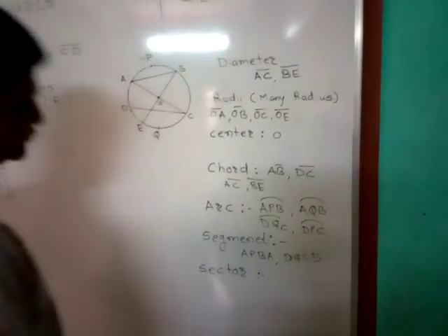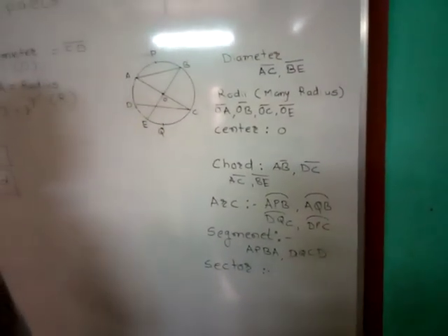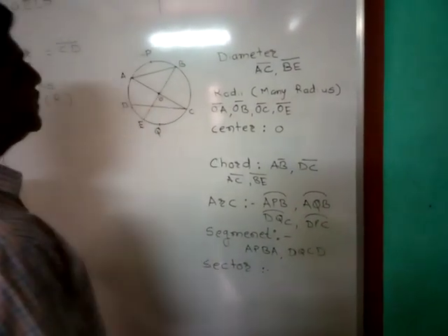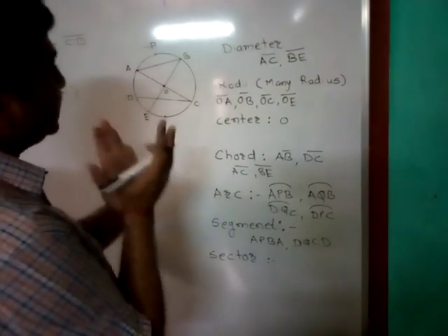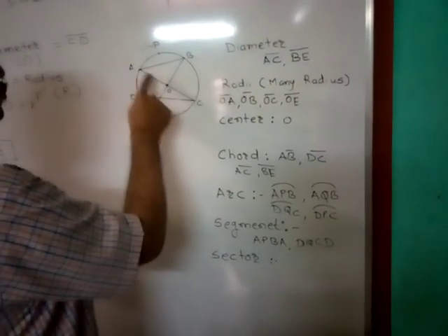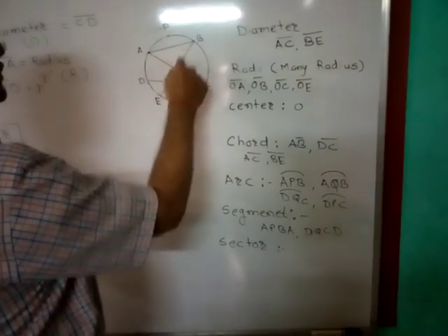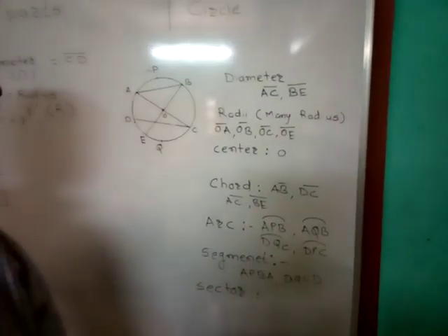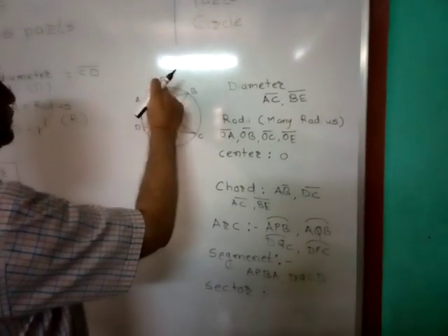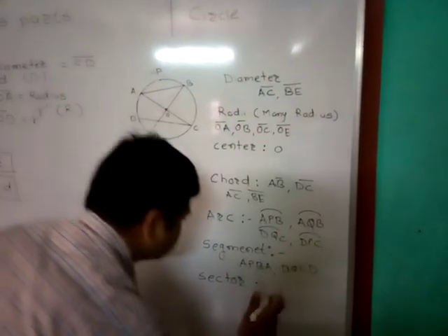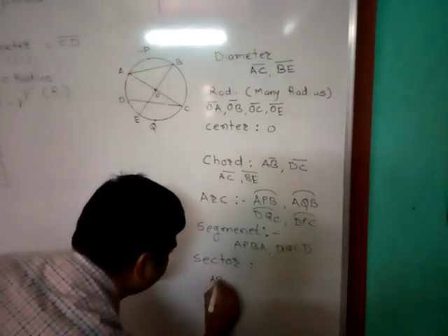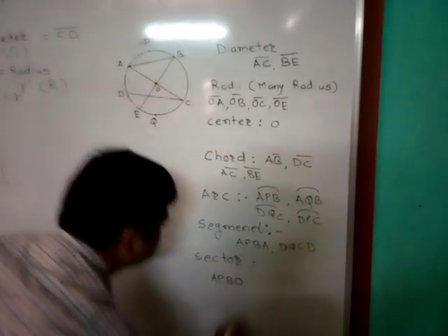Sector. Sectors are the parts of the circle which are bounded by two radii of the circle. We can see that OA and BO are bounding some part of the circle in between them. So we have APBO as a sector.